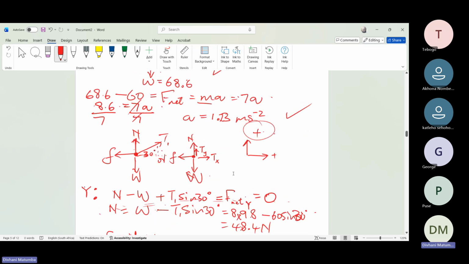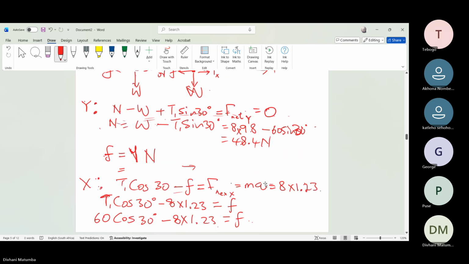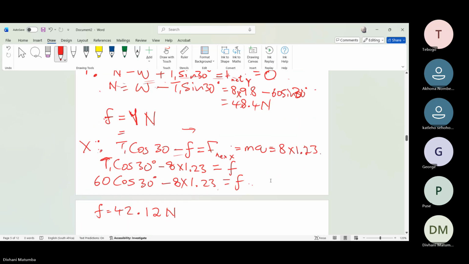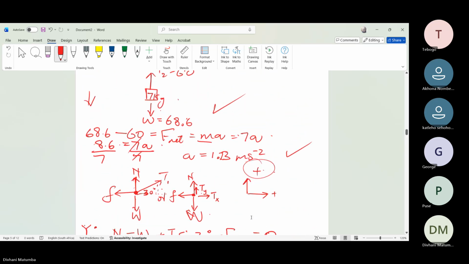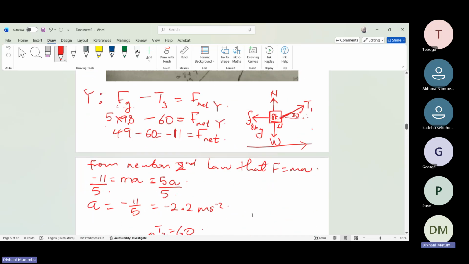Okay, let me go back to my force diagram to check. Yeah, so I'm getting 42.14. Does anyone have any question on that one?